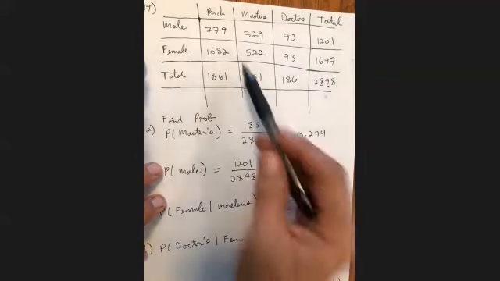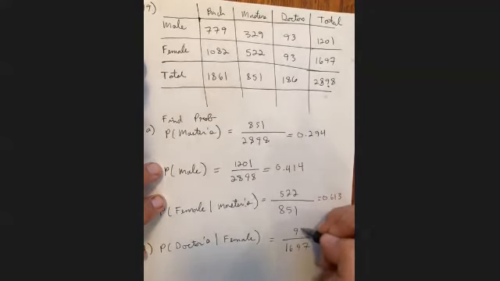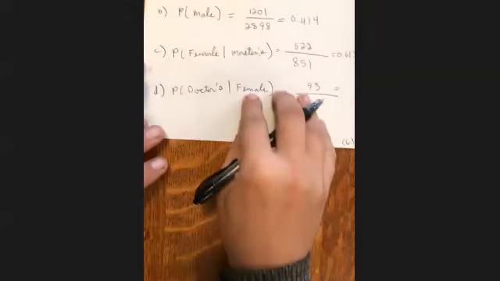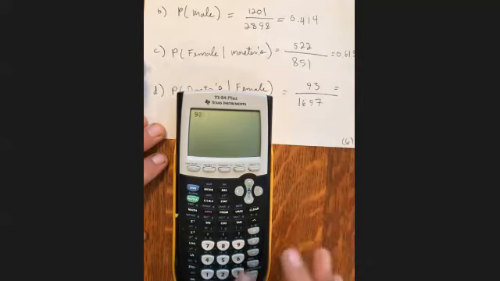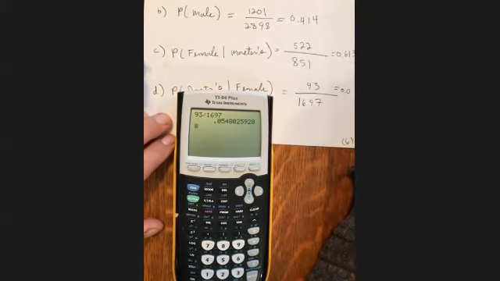How many of them had doctors? 93 out of the 1,697 had doctoral degrees. So we punch that into our calculator, and we get about 0.055.